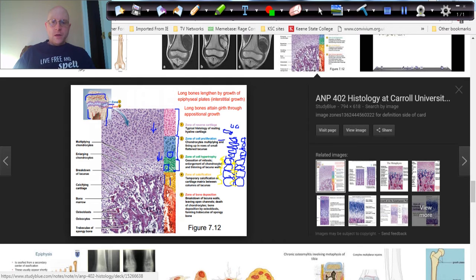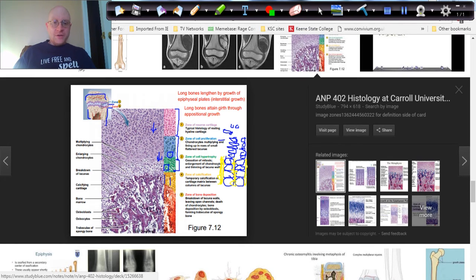Right? So this becomes encrusted and crunchy, so to speak, but that means harder and now more able to support weight, which is what you need, because in the next stage we're going to see the death of those cells inside of the columns. Right?